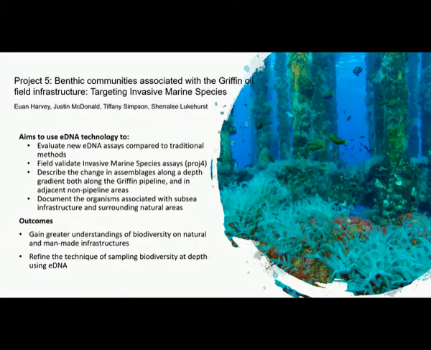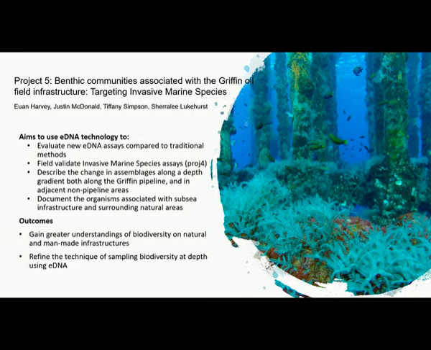Now in Project 5, we will take the assays that we've developed for invasive species, and we will use those for looking at the benthic communities that are associated with the Griffin oil field infrastructure with a particular view to invasive species.